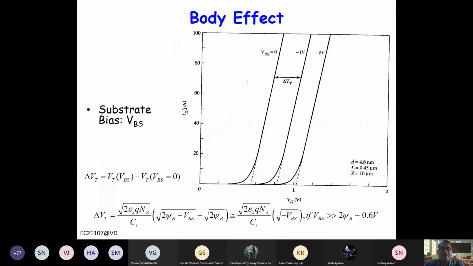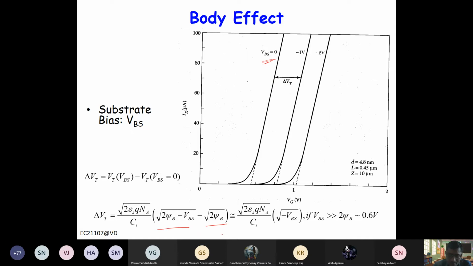You can see the plot here. Body bias is 0, which means bulk and the source are connected. Then if you apply a voltage here, minus 1 or minus 2 volt, your threshold voltage actually increases. And if you want to calculate the change in threshold voltage, then you have to subtract the two terms.